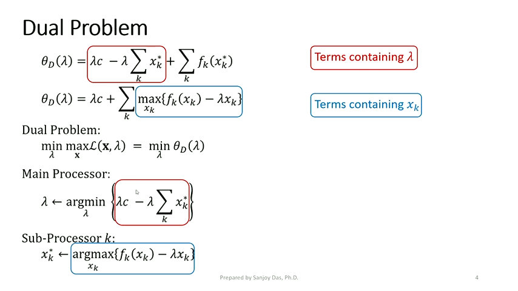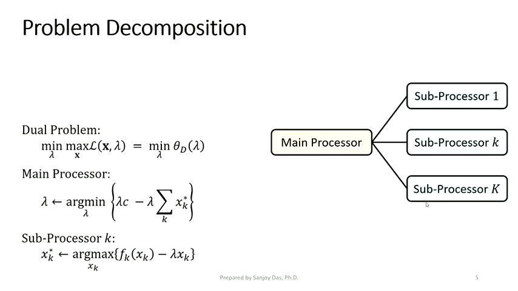So this is equal to this, and this second term is equal to this, what the subprocessor and the main processor do. So this is what happens. This is the problem decomposition. This is the dual problem: minimize with respect to lambda, maximize with respect to x of the Lagrangian.